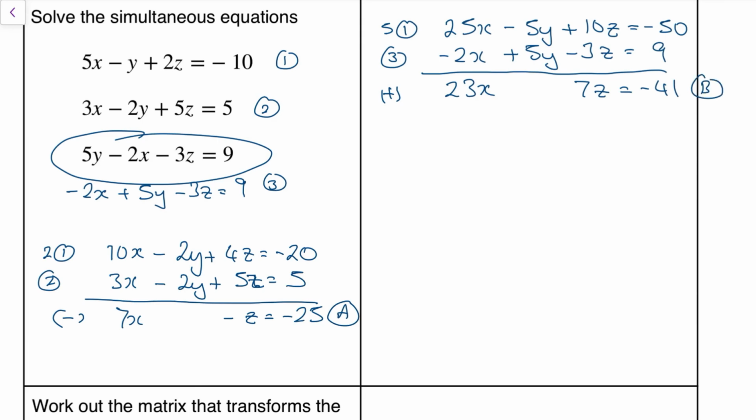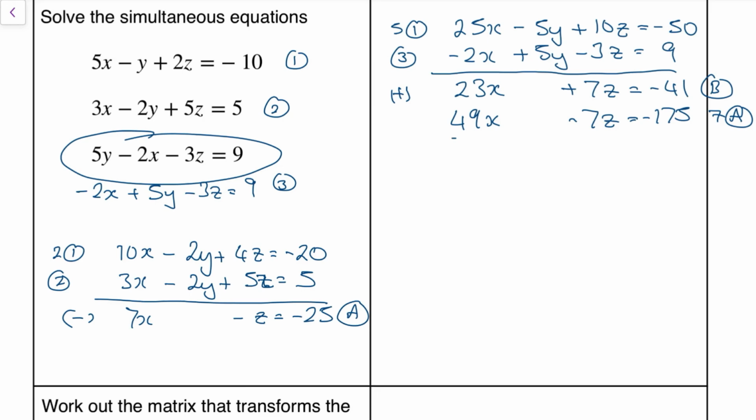So that's my equation B. So I've got equation A and equation B. I'm pausing while I think about what I can do here. I don't get much choice, do I? So let's write 7 times equation A underneath. Must be a quicker way of doing this. So it gives me 49x minus 7z is equal to minus 175.